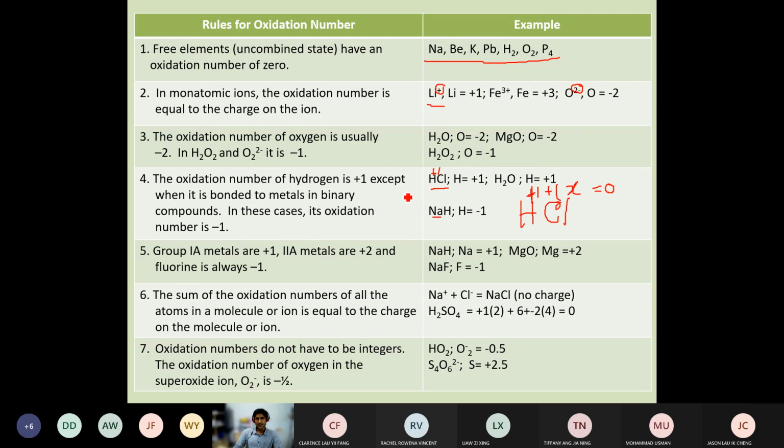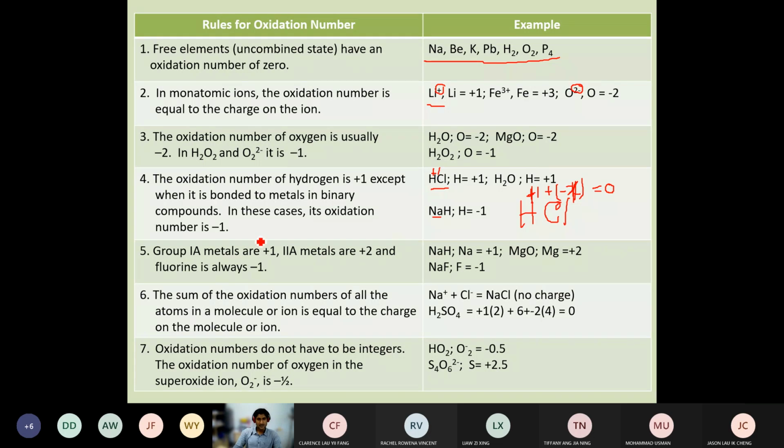Because hydrogen is positive, it should be something negative. Hydrogen is +1 and chlorine should be -1, so that the sum is equal to 0. In this way, we can find the oxidation state.